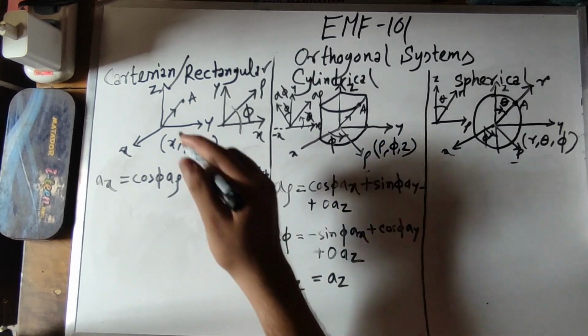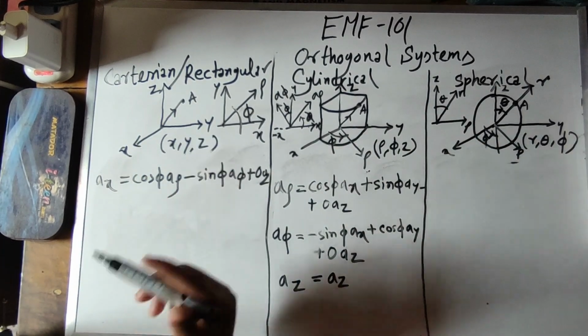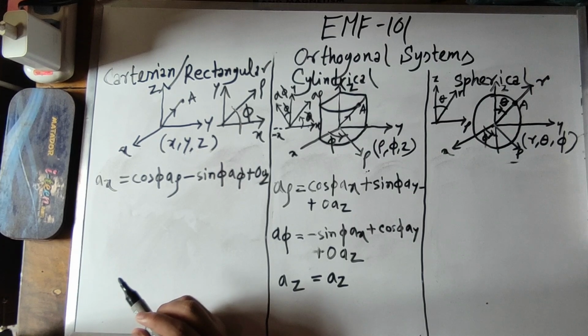Okay, ax is perpendicular to the z direction, the az unit vector.